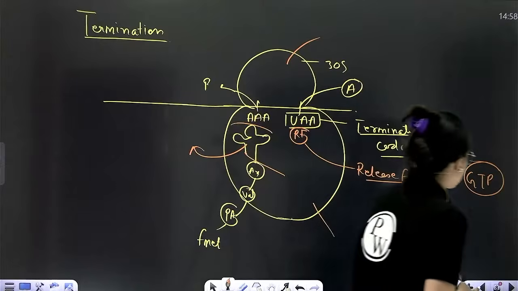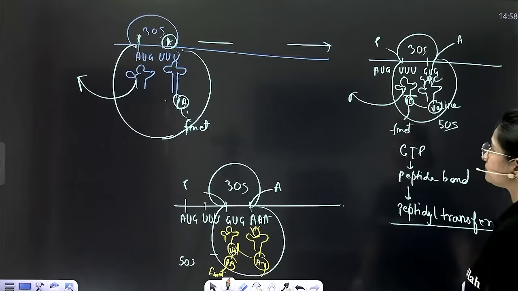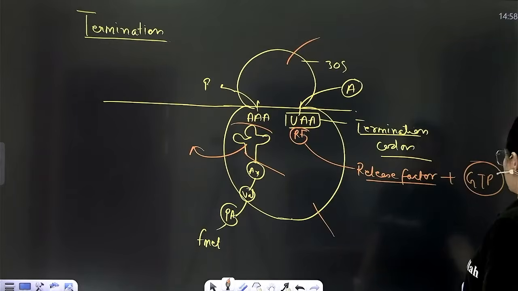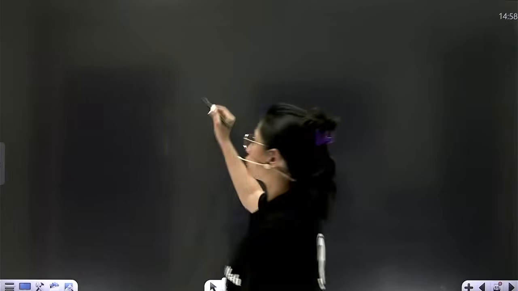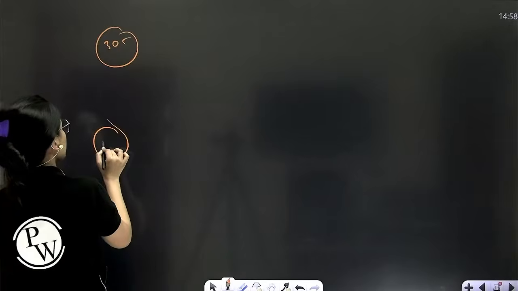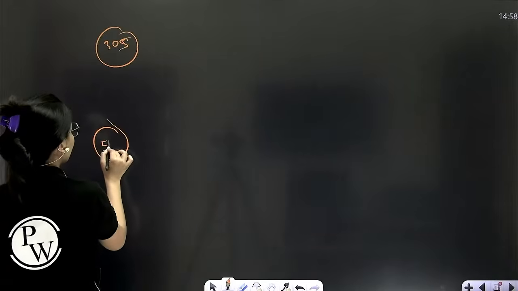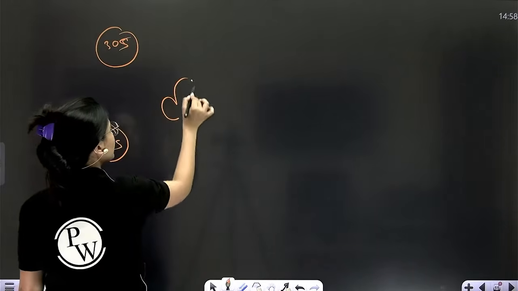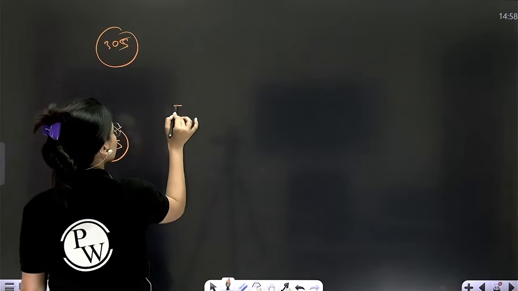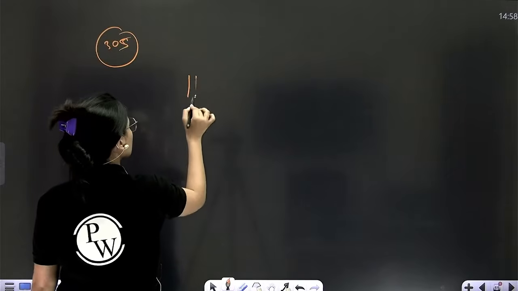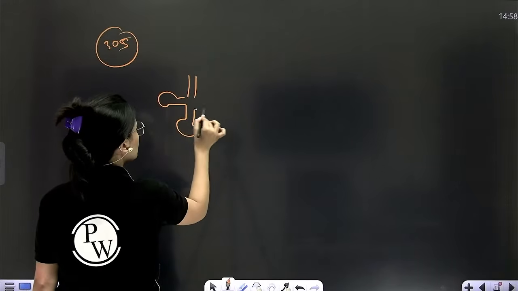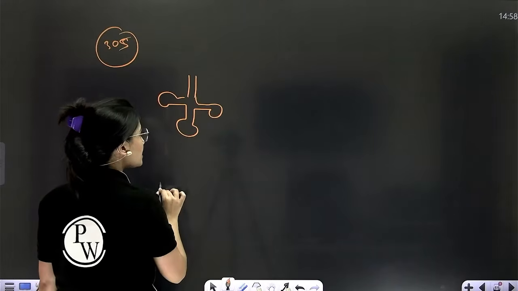So as soon as the termination codon comes, the two ribosomal assemblies separate from each other, 30S and 50S, right? The tRNAs are also set free.